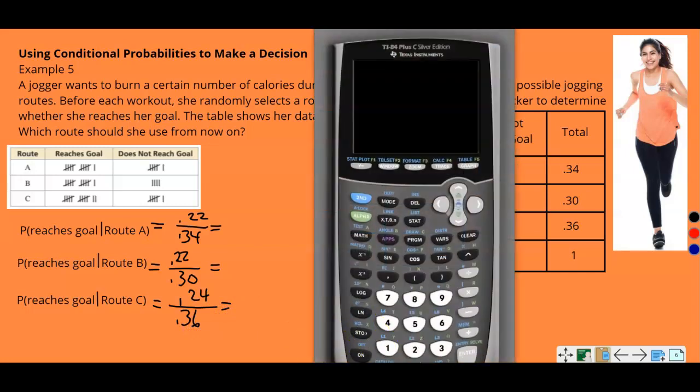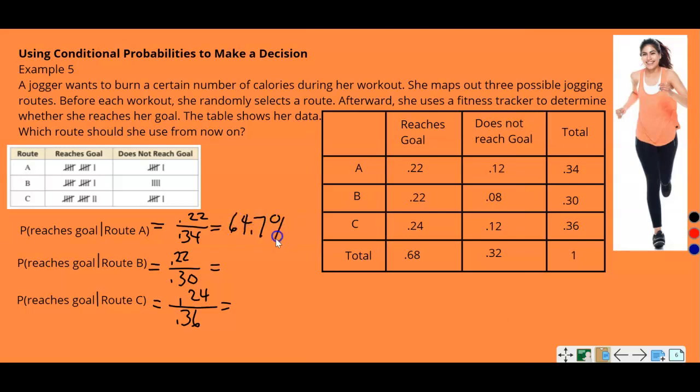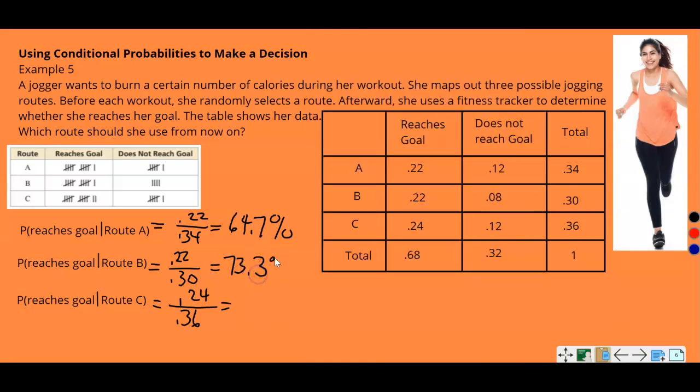All right, so let's see what these equal. We're going to have 0.22 divided by 0.34. It's going to be about 64.7%. And then the next one would be 0.22 divided by 0.30, and that's going to be about 73.3%.